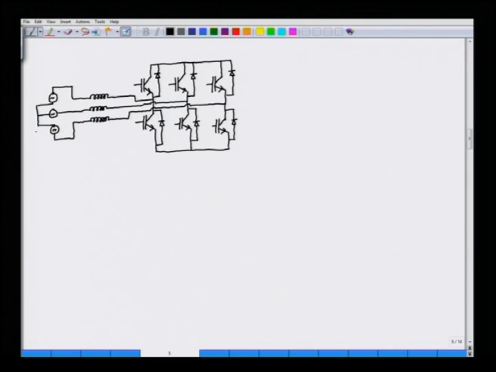And this is the neutral point N, and we can call this to be V AN. This is phase A, V BN, and this is V CN.